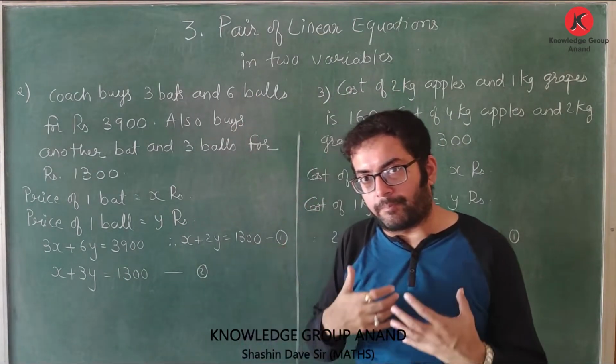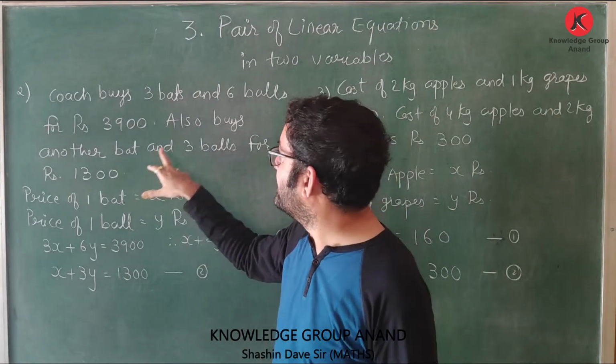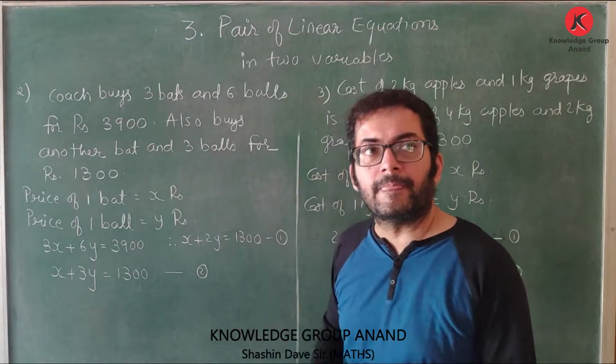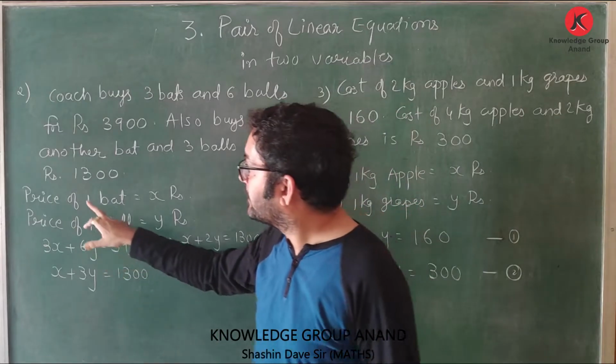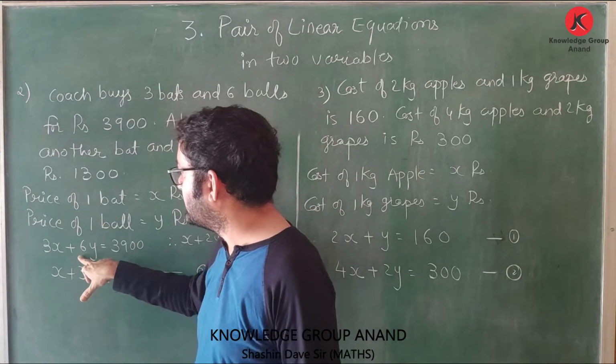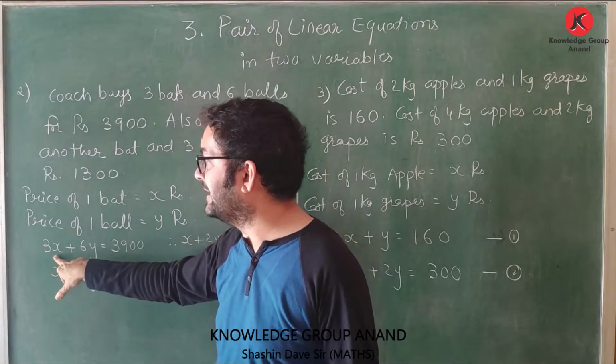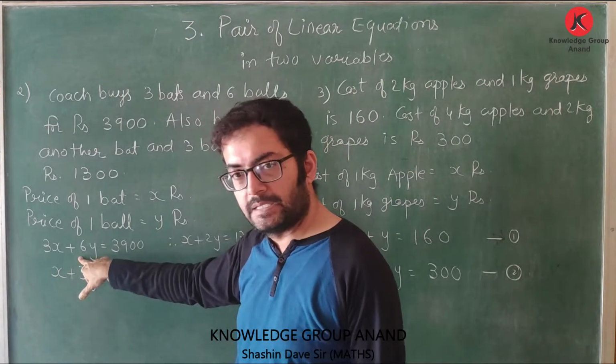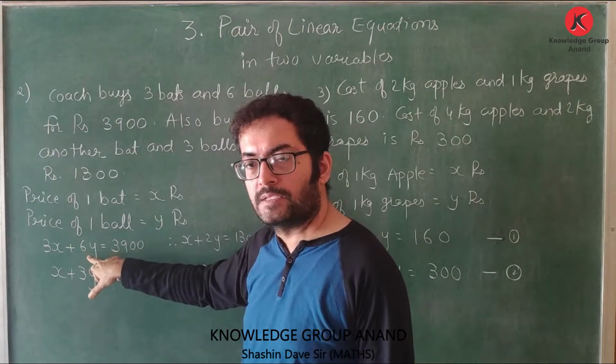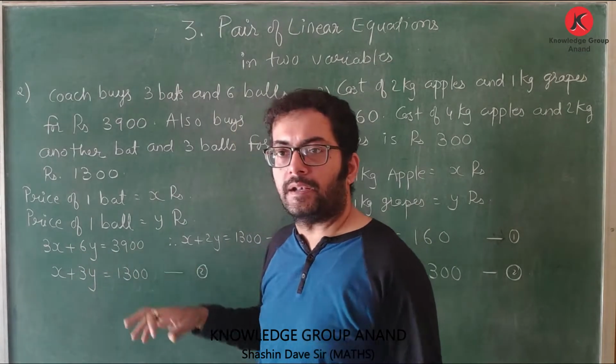So what is the total payment made by the coach? Rupees 3,900. So the equation will be 3x plus 6y is equal to 3,900. That means the price of 3 bats plus the price of 6 balls is rupees 3,900.